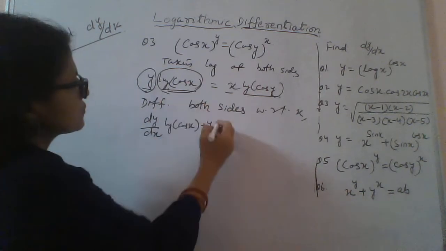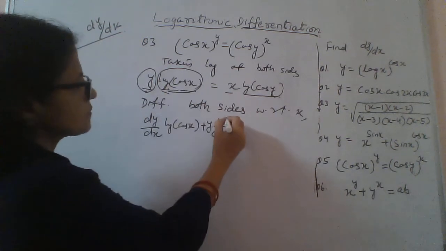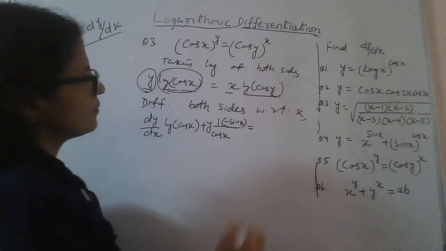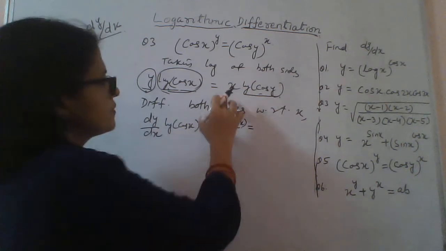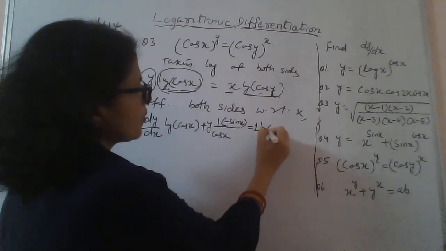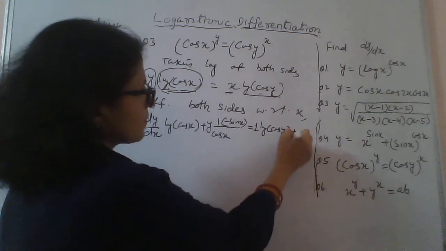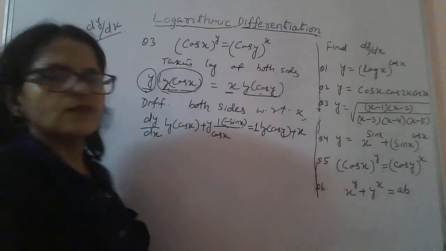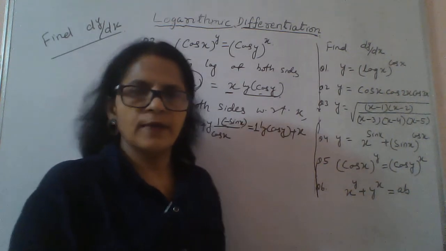So log cos x with respect to cos x will be 1 by cos x, and cos x with respect to x is minus sin x, equal to, here it is x into log cos y. So here the derivative of x is 1 into log cos y, plus here it is x, log cos y a function of cos y, a function of y, then dy by dx.